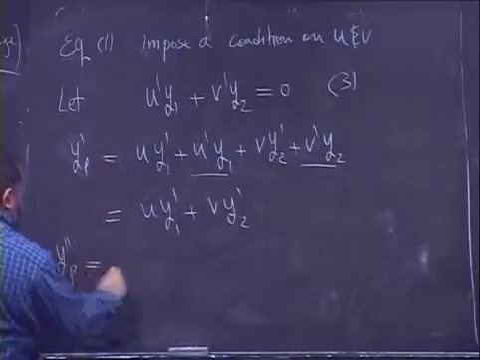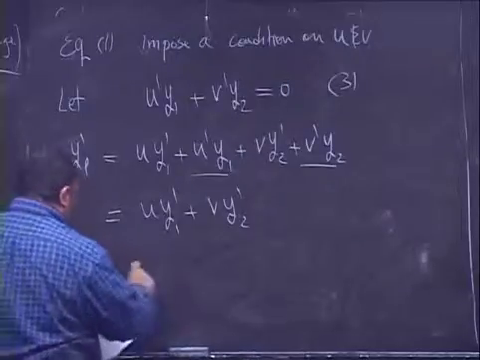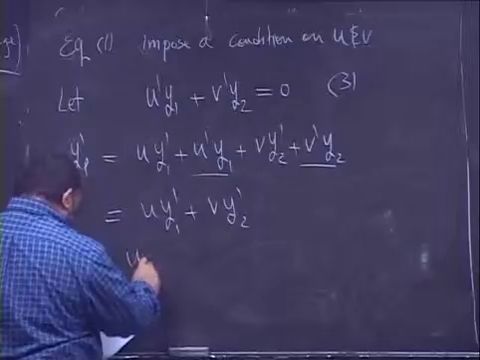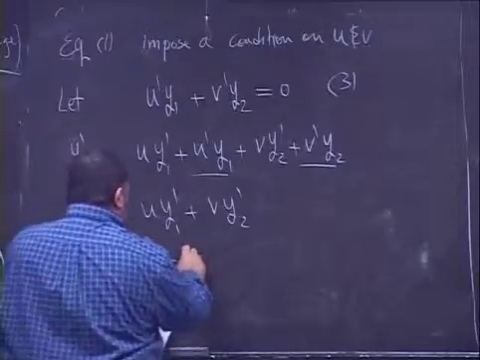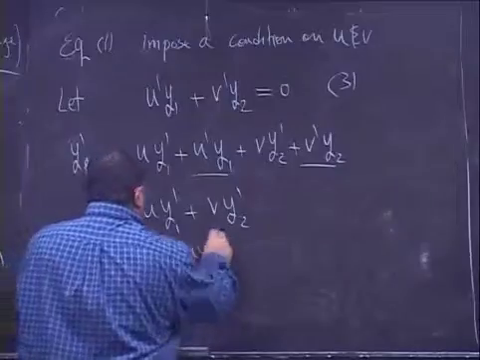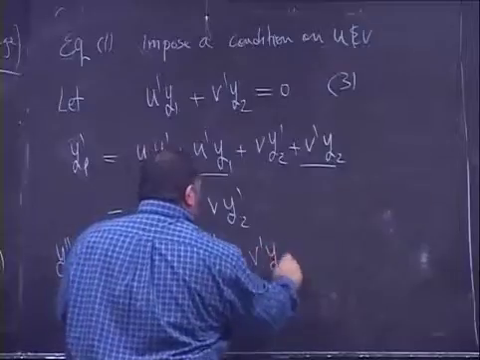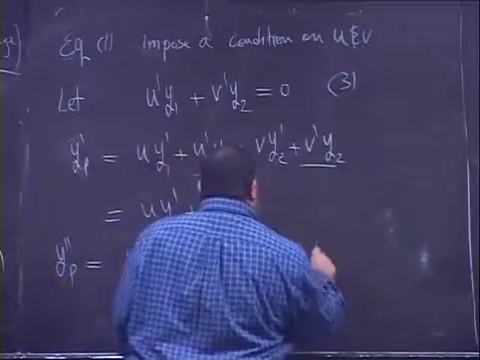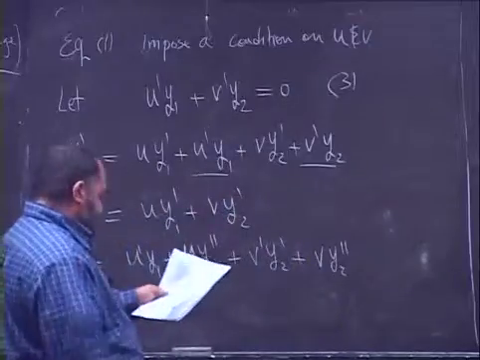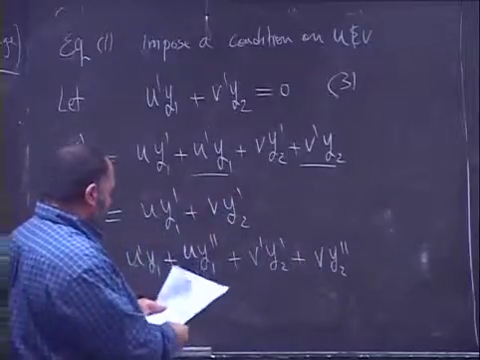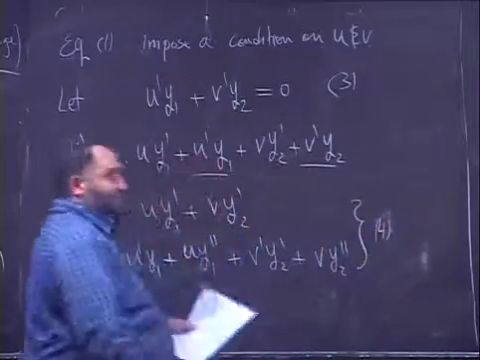So y double prime p is equal to u prime multiplied by y1 prime plus u y1 double prime plus v prime y2 prime plus v y2 double prime. We will call this equation number 4.